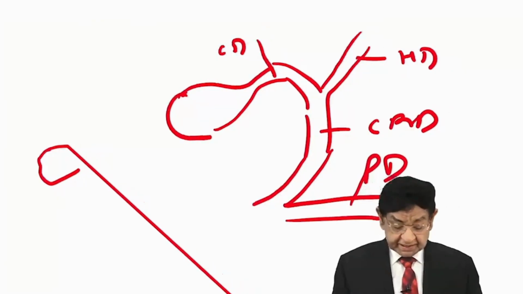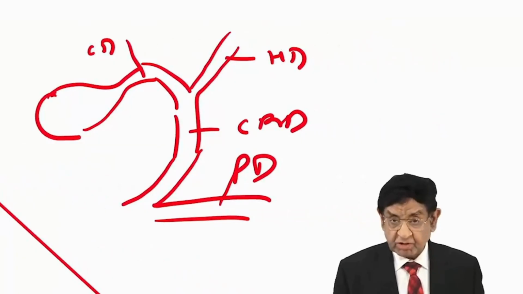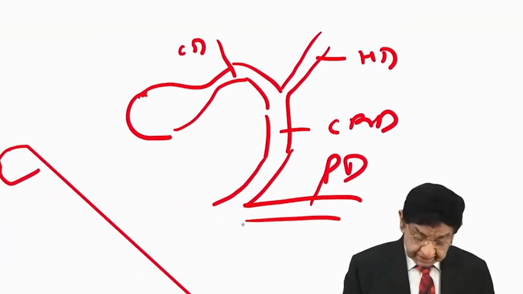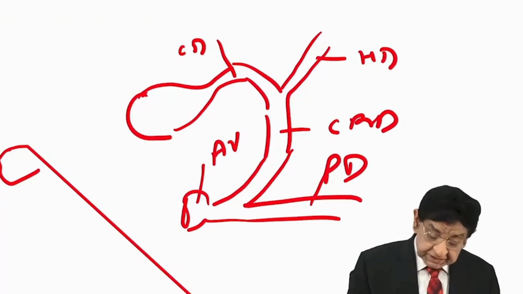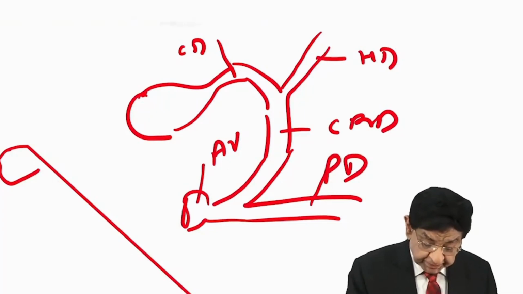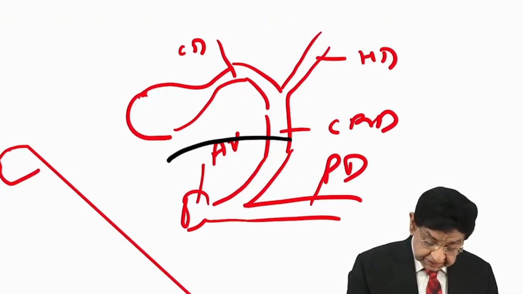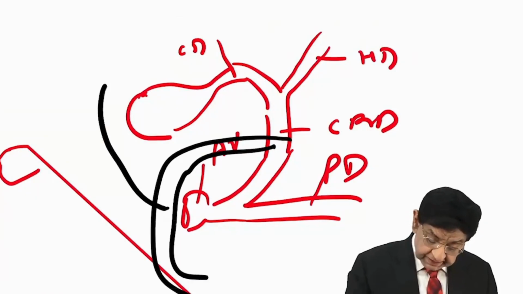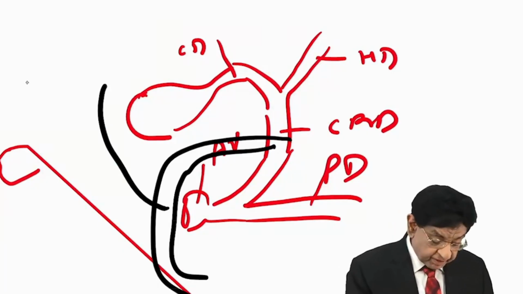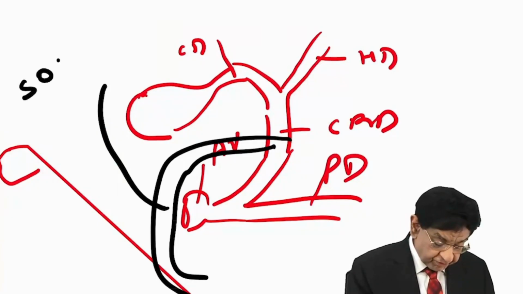PD is pancreatic duct, CBD is common bile duct, and ultimately it makes the ampulla of Vater. This is the ampulla of Vater, and that opens into the second part of the duodenum, which is coming like this, and this opening is known as the sphincter of Oddi.